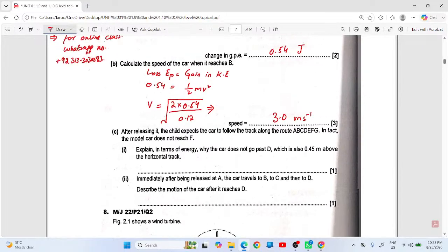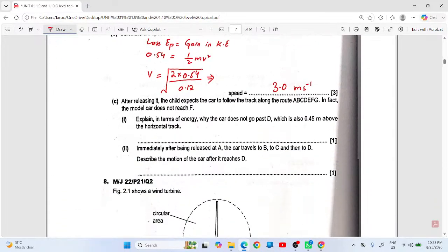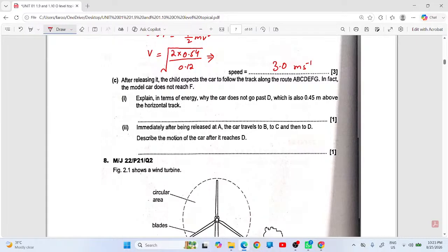Next is: after releasing it, the child expects the car to follow the track along the route ABCDFG.